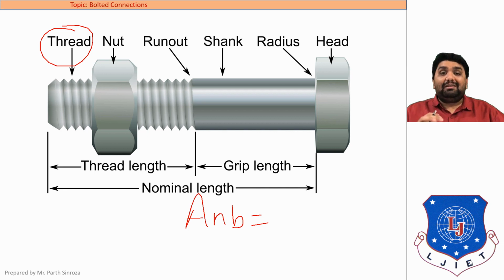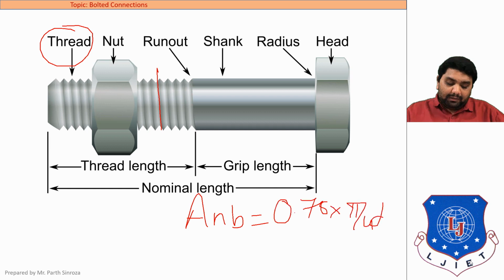According to our civil engineering handbook, in every threaded zone, whenever you take a cross section area, you will get 78% of the total area around it. So the equation for it will be 0.78 into pi by 4 d square.